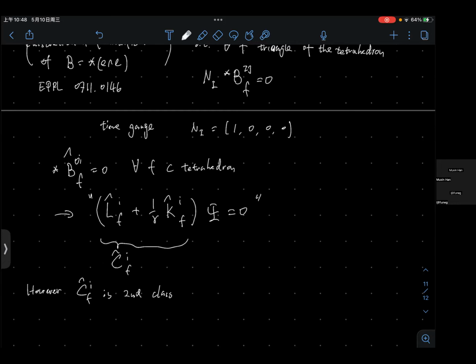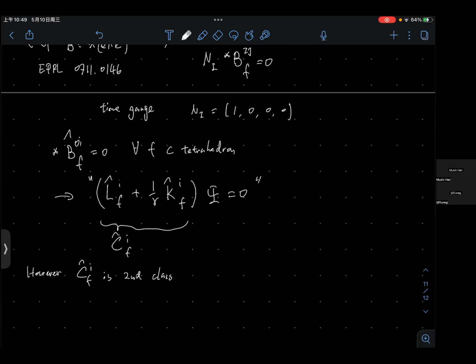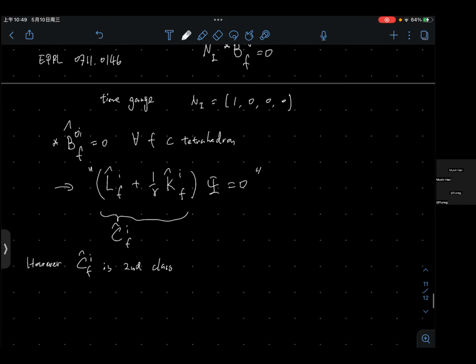If we just impose the constraint like that, we will get a very small Hilbert space. This is not really what we want. You will get a quantum anomaly, and you will have a very small Hilbert space left.